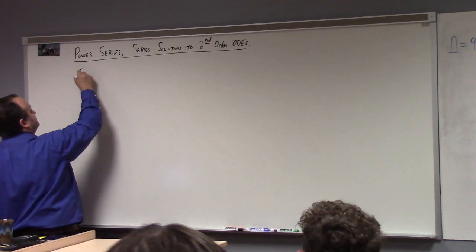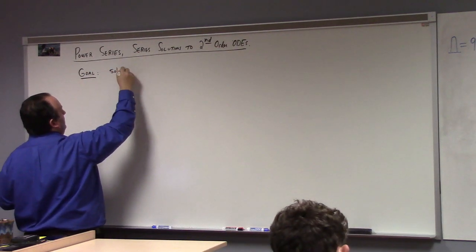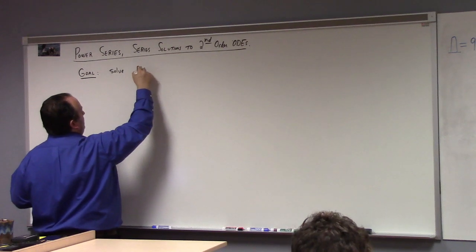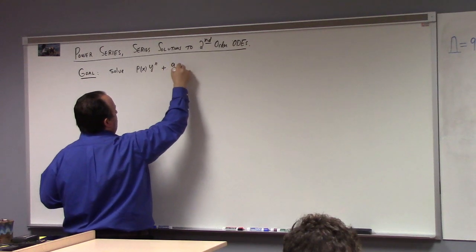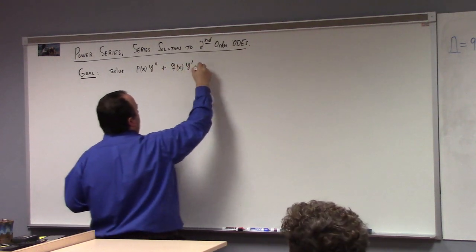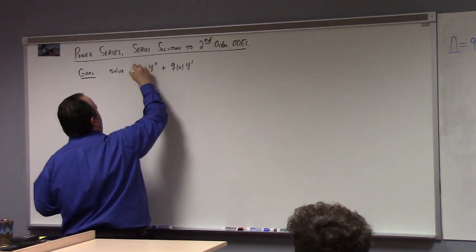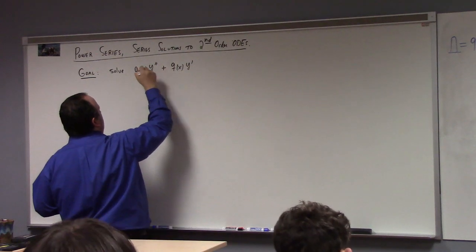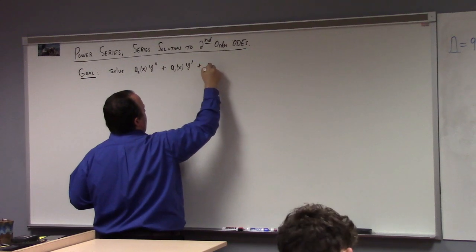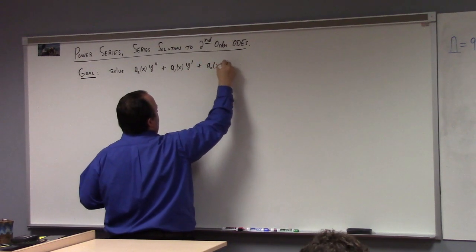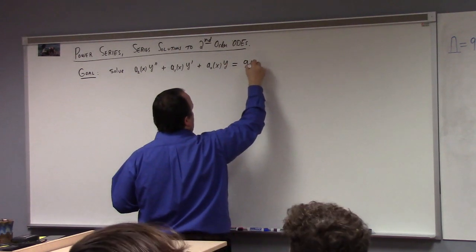Our goal is to solve, let's say, p of x times y prime prime plus q of x times y prime plus, let me call this A2, I'm going to call this A1, and then A sub 0, a function of x, times y, equals, let's say, g of x over here.